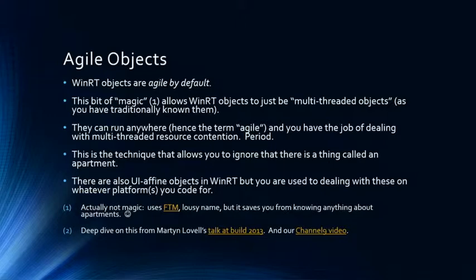And so what an agile object in WinRT does is it says, I can go to any apartment and execute correctly. Almost all of the objects in our system are agile, so they can be run in any apartment. The magic of that little bit is that once they can run in any apartment, you don't have to worry about apartments, because they can just go there.